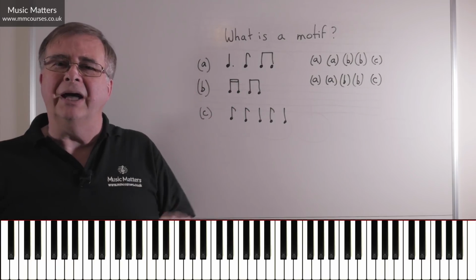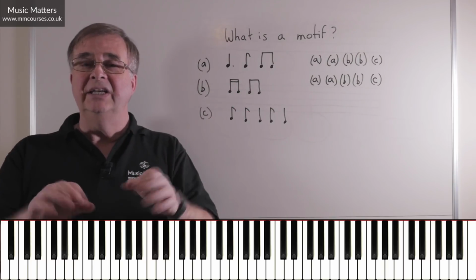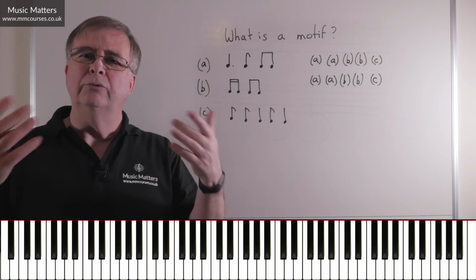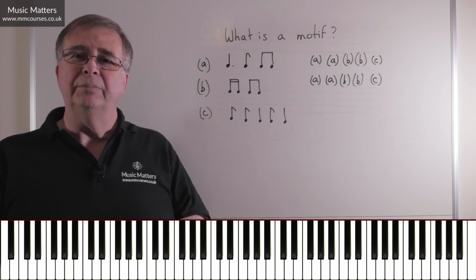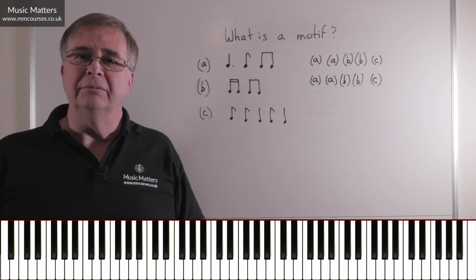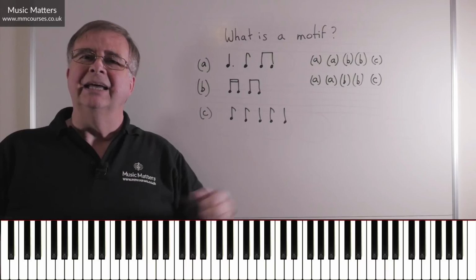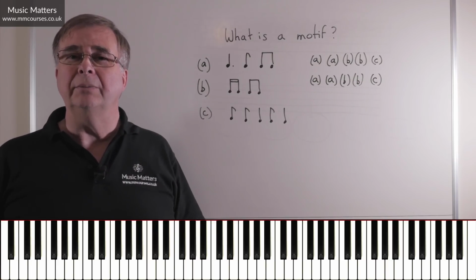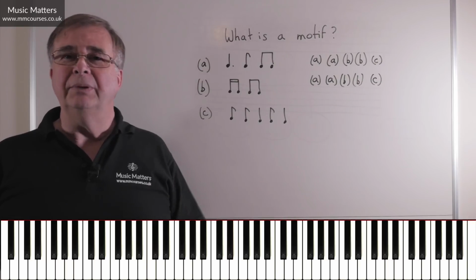So you see what I'm talking about, that you have a musical idea, a motif, a cell, whatever you like to call it, and you think, how can I repeat this? How can I develop it? Same rhythm, different pitch, maybe same pitch, different rhythm. How do I expand it? How do I use it in sequence by transposing it in some shape or form? And it doesn't have to be in Baroque style.